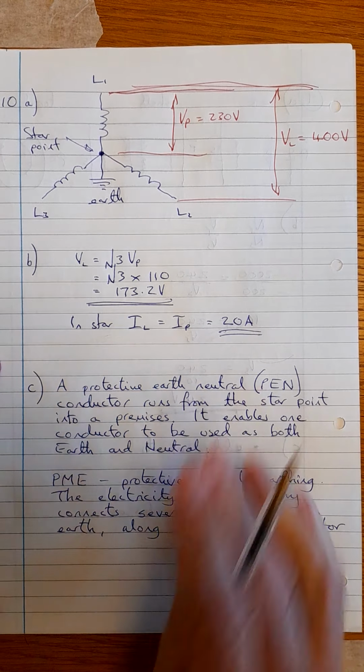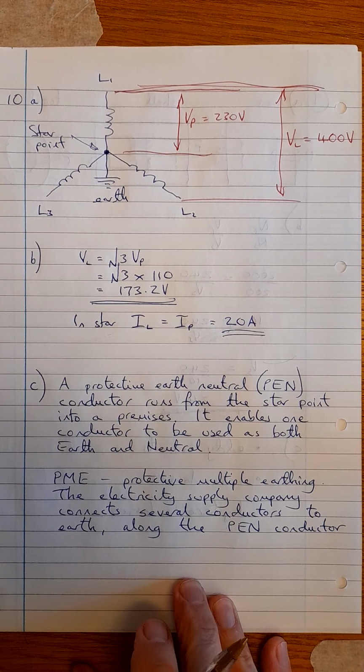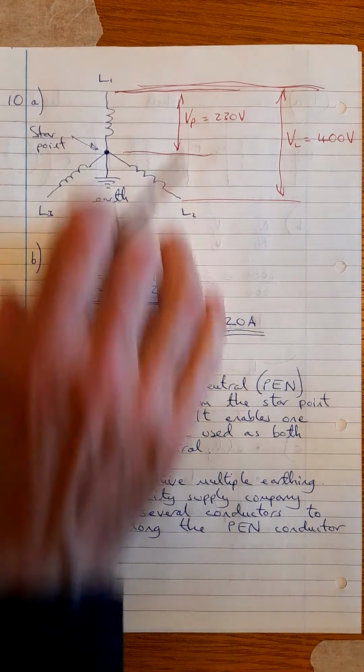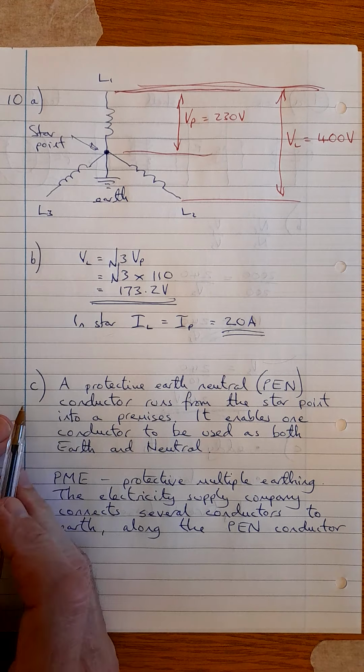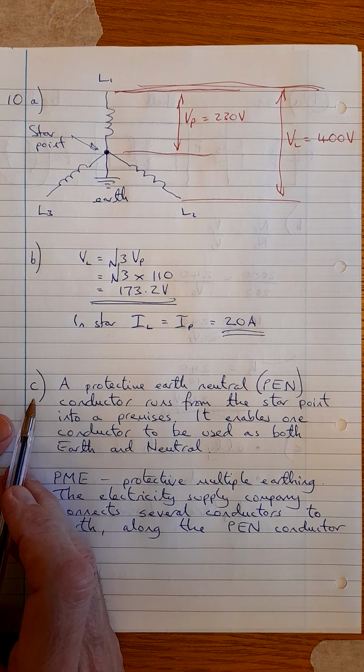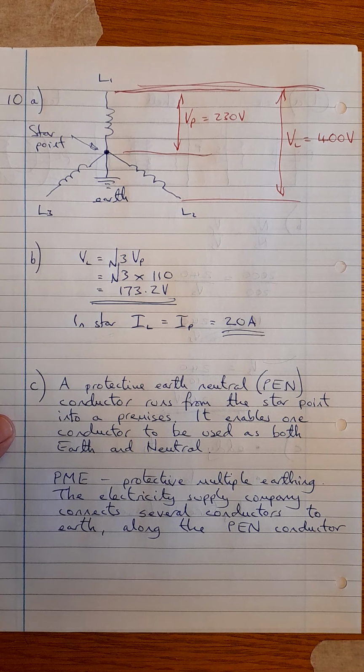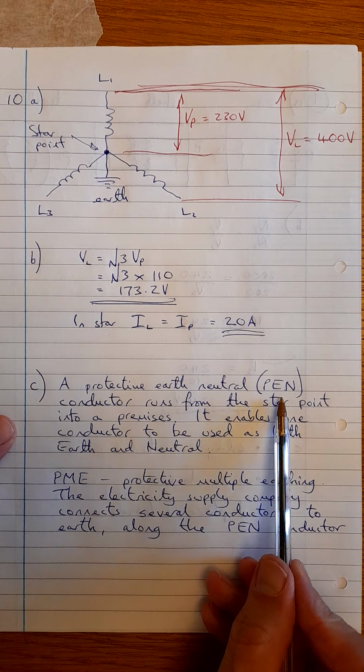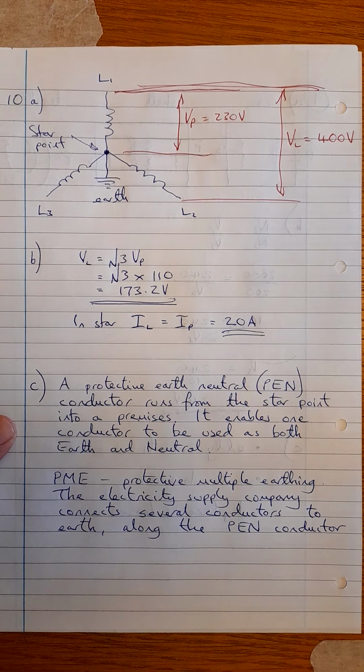Okay, the last bit for now then, again this is about supply systems. So part C, you're asked to explain a PEN, whatever that is, and a PME, whatever that is. So again, if you dip into your notes, PEN, protective earth neutral.